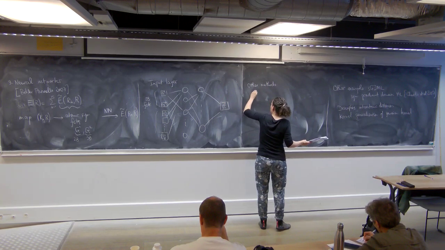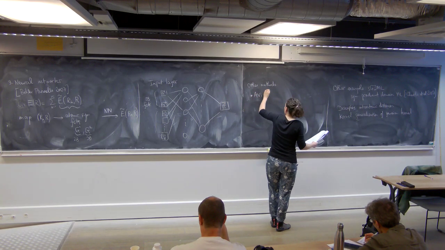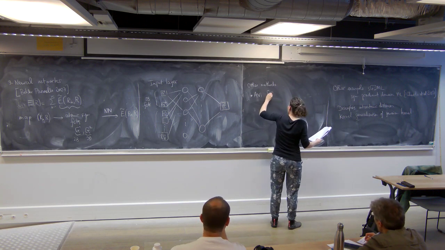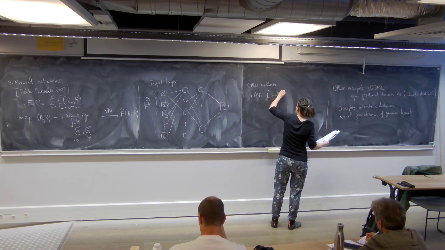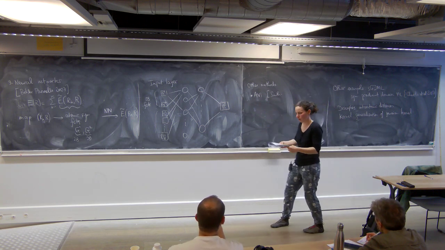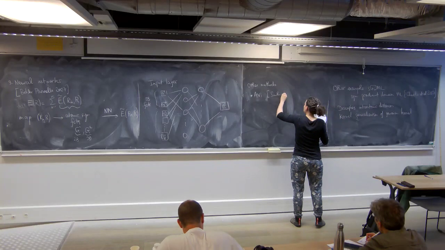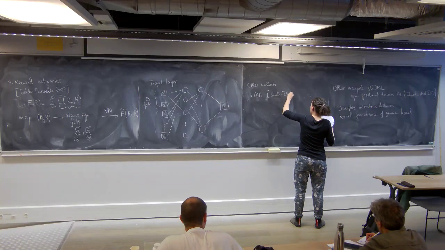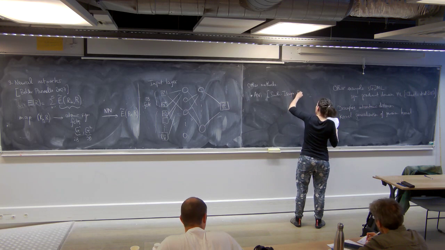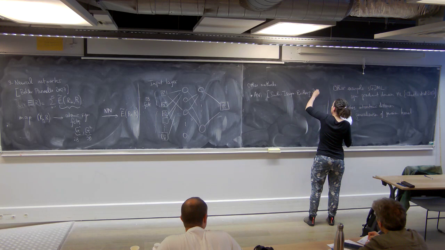For example, ANI also uses some kind of symmetry functions as descriptors that they feed to a neural network. The reference is Smith, Isayev, Roitberg, 2017.